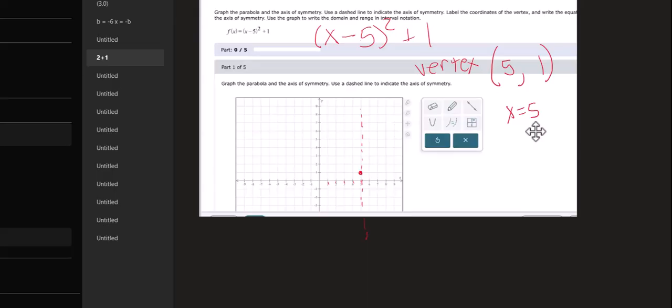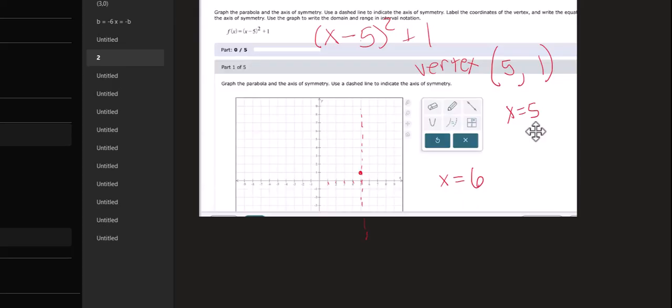I will find the y-intercept. The y-intercept is the easiest one to find. To find the y-intercept, you make x equal to 0. Well, that would give me 26, so that's pretty big, so that won't help me much. I'm going to plug in x equals 6.